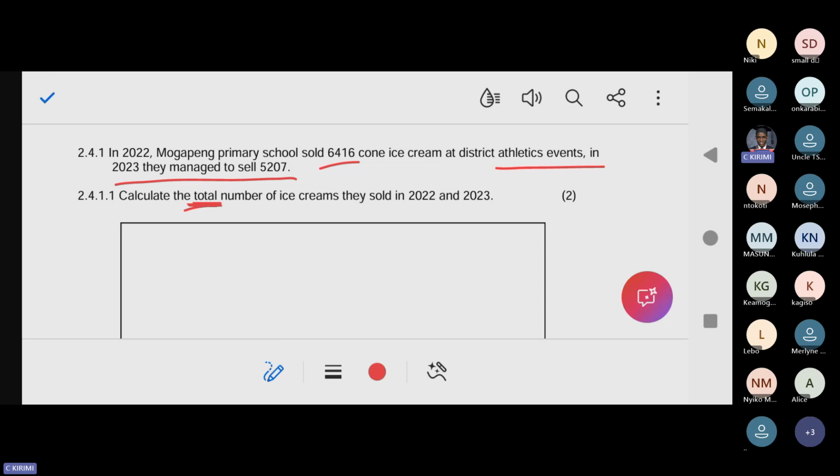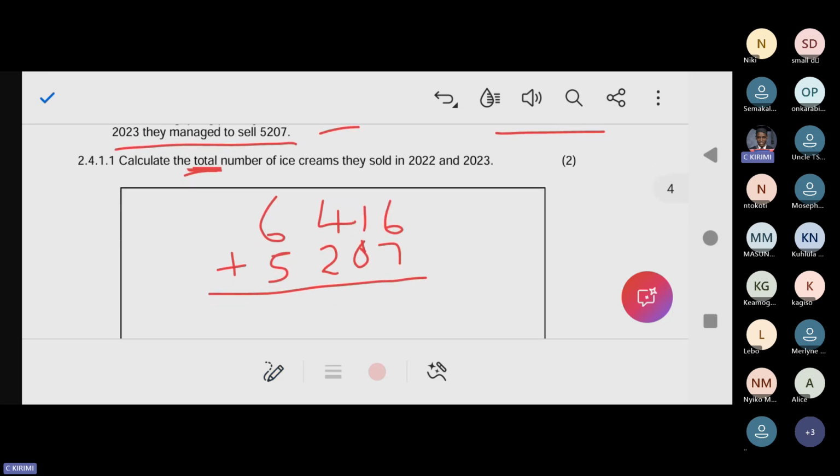6,416 plus 5,207. So we are adding now. So what is 6 plus 7? We get 13. 3 carry 1. 1 plus 1 plus 0 plus 2. 4 plus 2? 6.